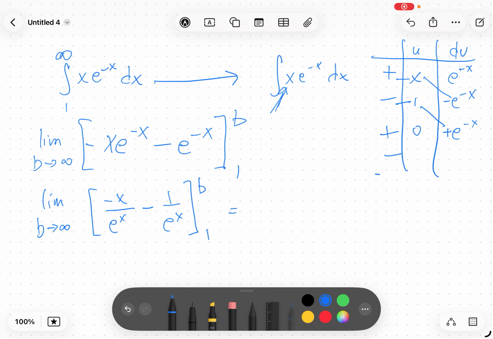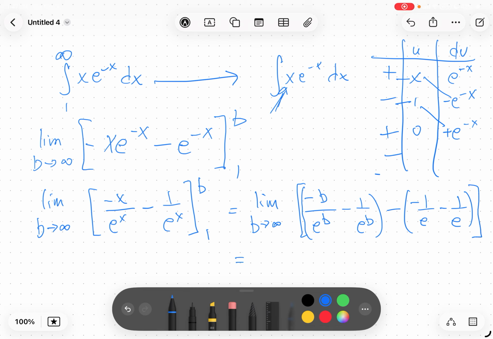If we do the b limit first, and then we subtract from that what happens when we get 1 in there, so that's negative 1 over e minus 1 over e.